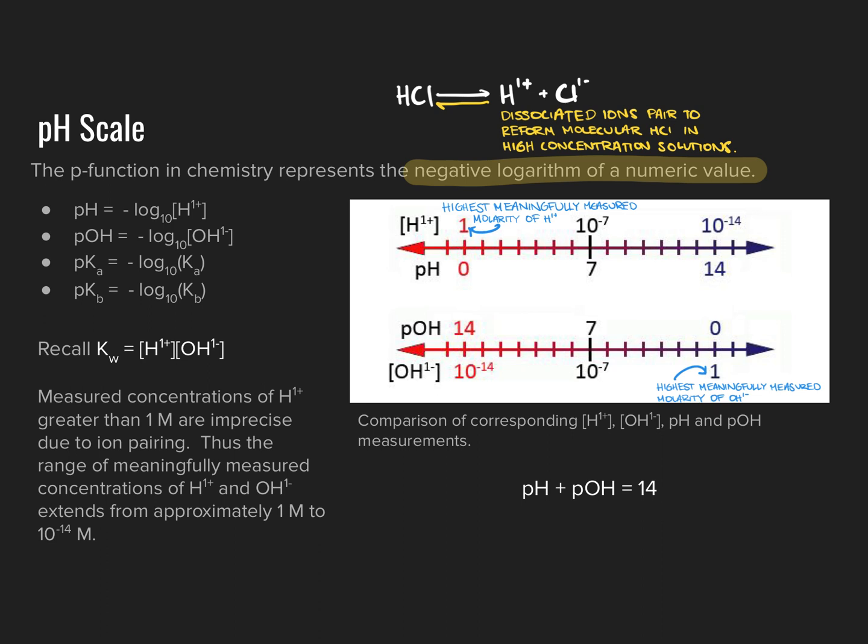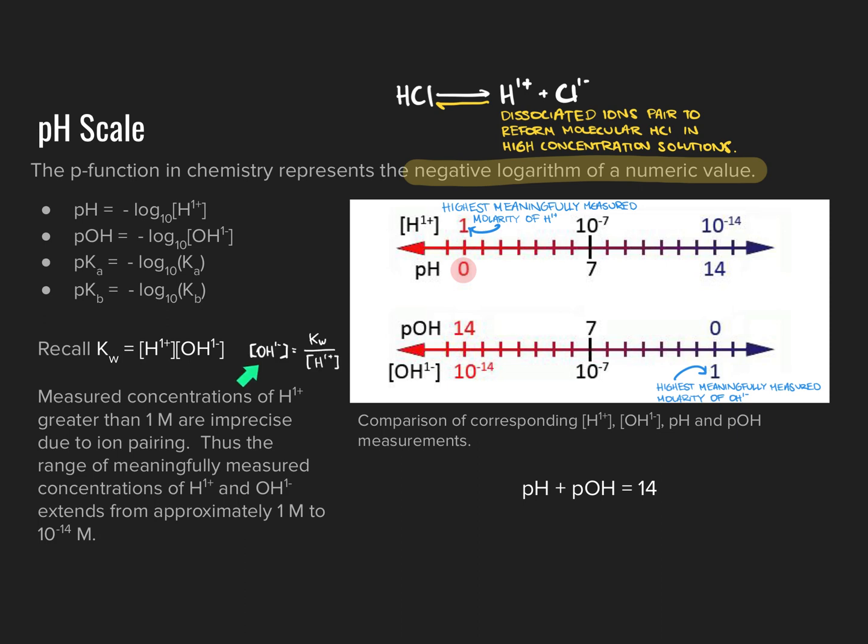So with that being said, at a concentration of hydrogen ion of 1 molar, if we take the negative log of that value, we'll find a pH value of 0 for that particular solution. And in this theoretical solution with a hydrogen ion concentration of 1 molar, we could also calculate the concentration of hydroxide ion by using the relationship described in the autoionization constant Kw for water.